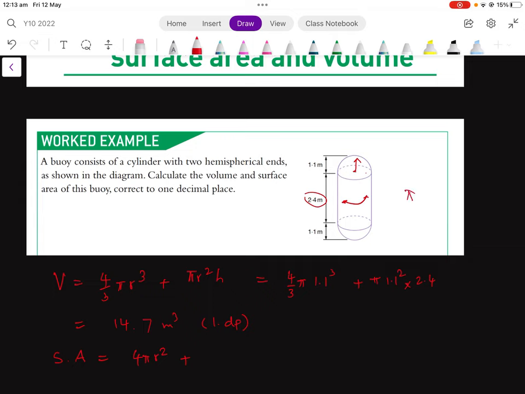So my h is 2.4, r is 1.1. Substituting the values, 4 pi 1.1 square plus pi 1.1 square into h is 2.4. Okay, so that is going to be 1 decimal place.